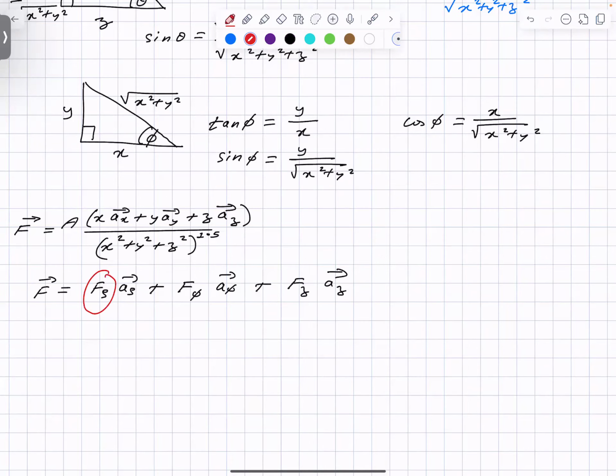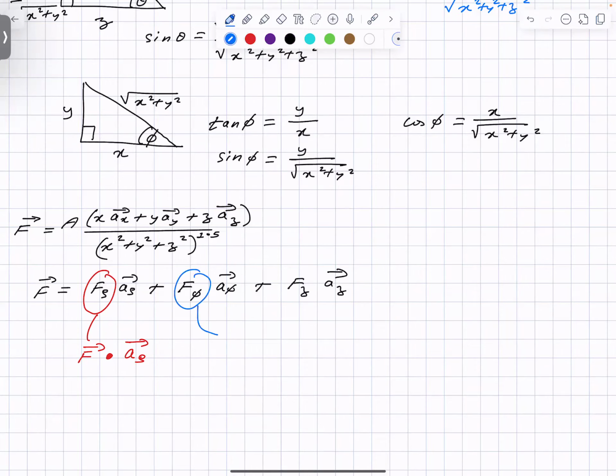So to find f rho, we take f in the rectangular coordinate system, we do the dot product with a rho. That will give us the f rho component, and we have seen computations like that, so I'm not going to do the whole work here.